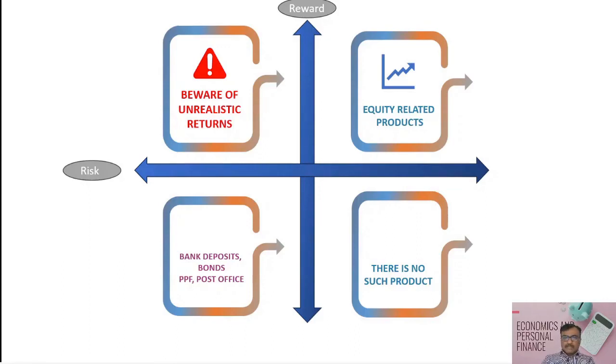These schemes may claim to offer low risk and high reward, but in reality, no legitimate scheme can provide high returns and low risk, except for real estate investment in prime locations in big cities. So if you have a flat or office at Malabar Hill in Mumbai or Deccan Gymkhana in Pune, it can give you better returns at very low risk. So always be careful and do research before investing.